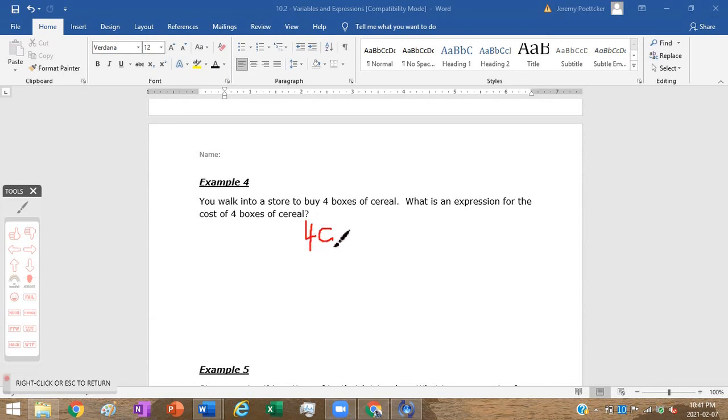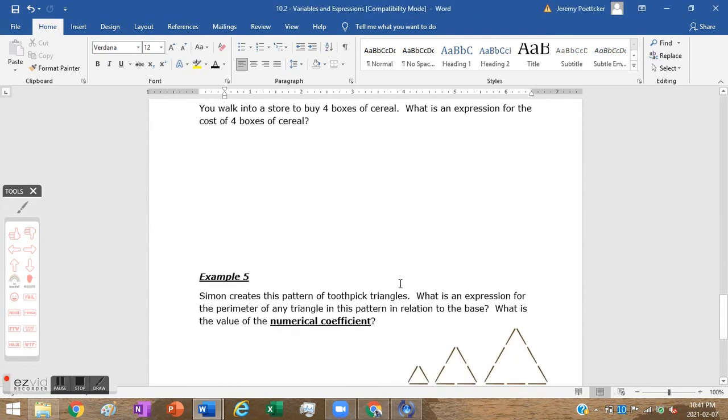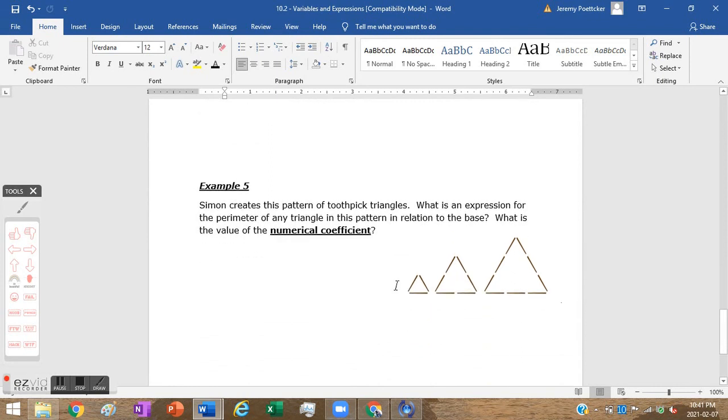Simon is creating this pattern of toothpick triangles. What is an expression for the perimeter of any triangle in this pattern in relation to the base? So we've got to look and say, okay, well, the perimeter compared to the base.